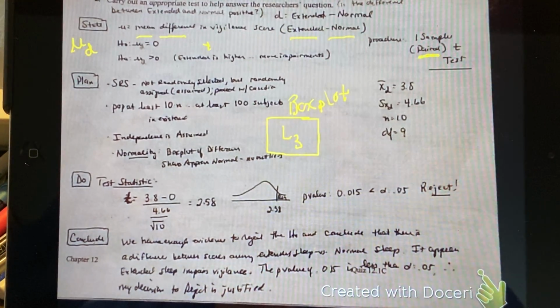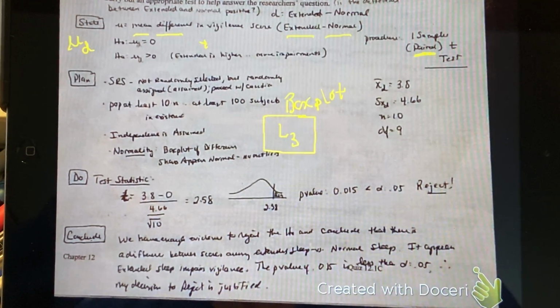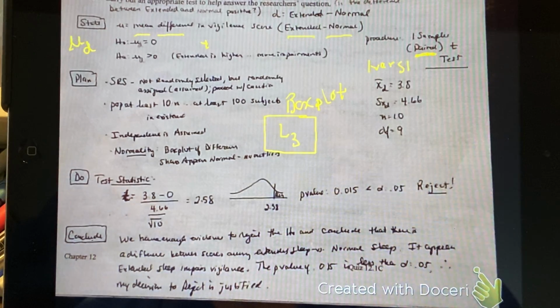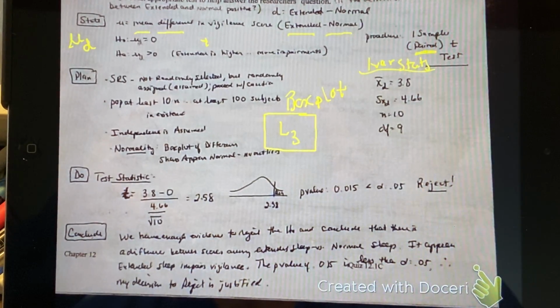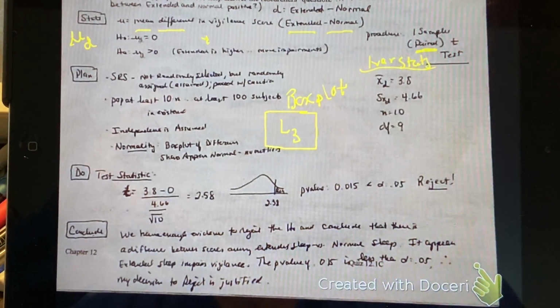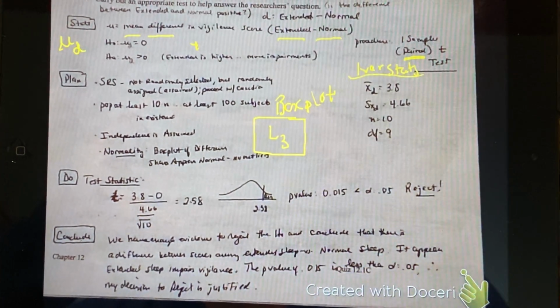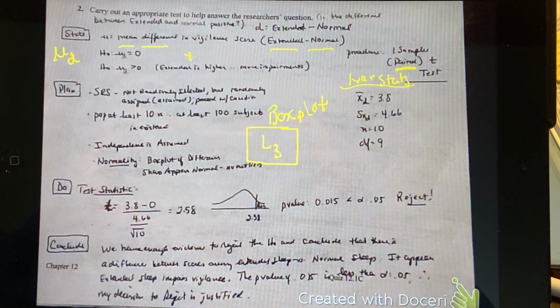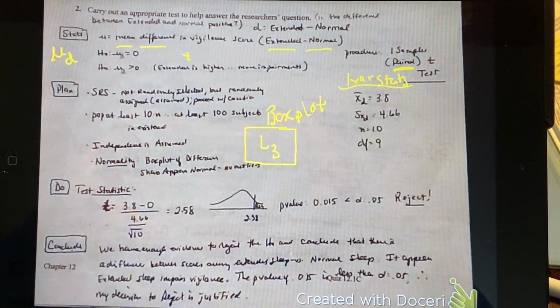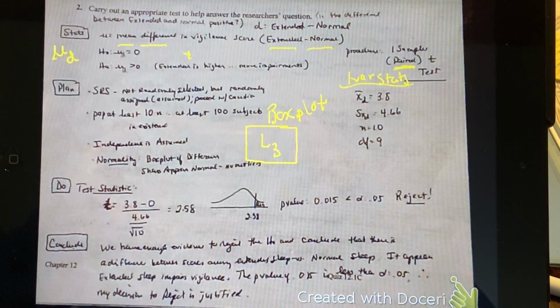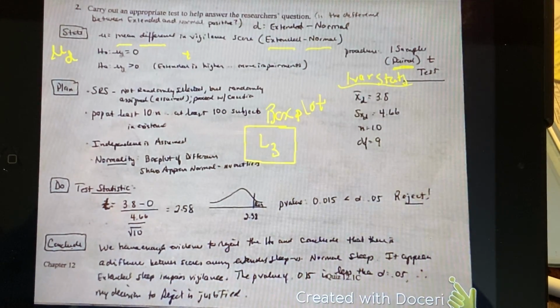Okay, and then I just jotted down from One-Var Stats this information. The mean difference was 3.8. So it was a positive difference, but was it significant enough? Is it far enough away from 0 to be significant? And then I copied down my standard deviation.